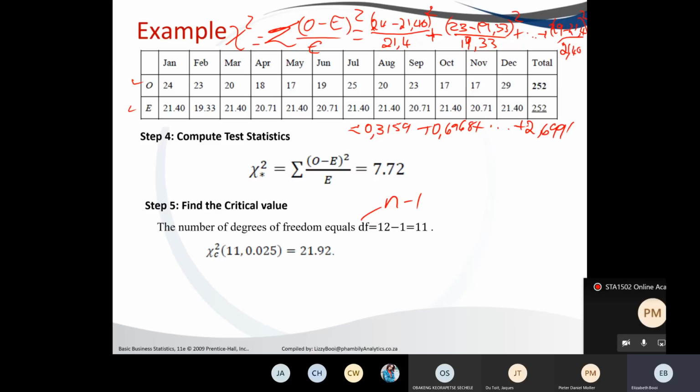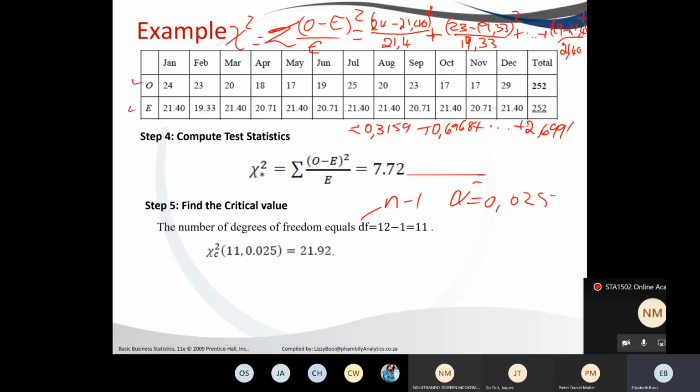So since our degrees of freedom is n minus 1, and we know that our alpha, remember our alpha from the question, it said our alpha is 0.025, because 2.5 divided by 100 will give you 0.025, because our alpha was 2.5%.